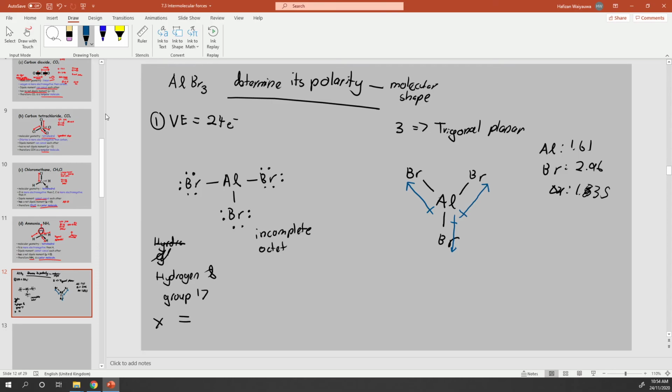So, tapi, you guys tengok, this is one of the basic shape. We will get non-polar molecule sebab we have zero net dipole moment. Walaupun you nampak, alamak, ini ke bawah, ini satu ke kiri atas, satu ke kanan.